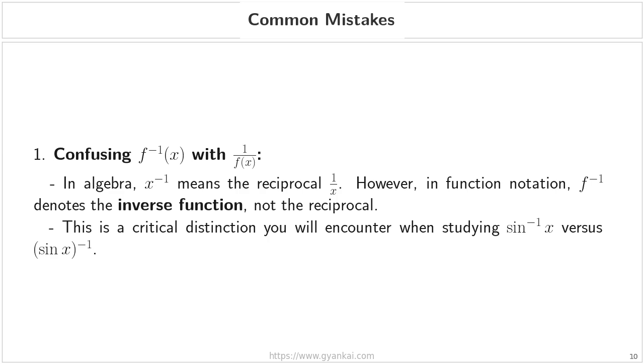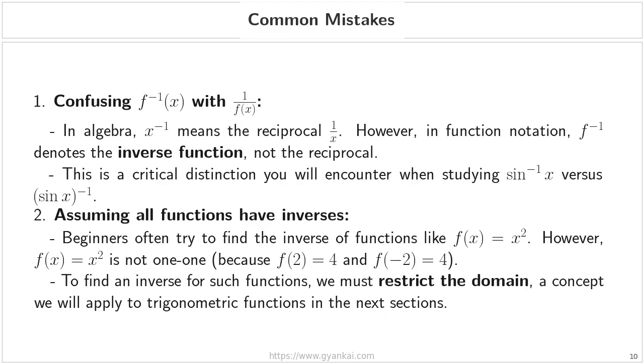This is a critical distinction that you will encounter very soon when we study trigonometric functions, specifically when distinguishing between sine inverse of x, which is the inverse function, and the reciprocal of sine, which is 1 over sine of x.